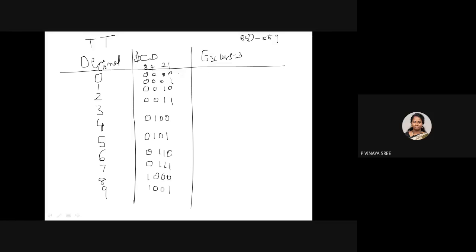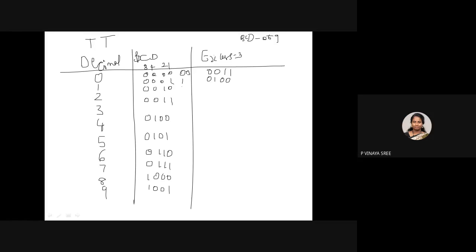Okay, now XS3 code. Here it is 0 plus 3. What do I need to write here, 0000 or 0011? 0011. Next, here we have 1. 1 plus 3 is 4. So 4 is represented as 0100.